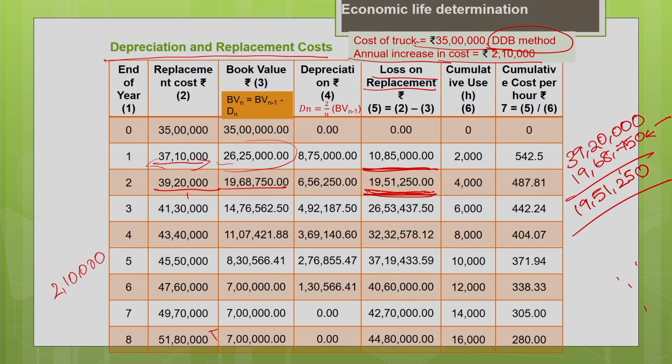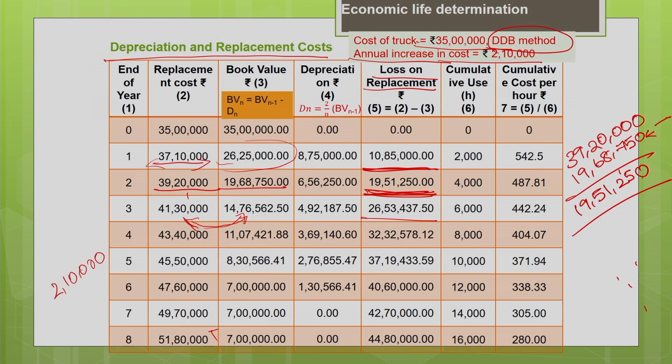Similarly, you can calculate for the third year: 41,30,000 minus your book value of 14,76,562. If you find the difference between these two, you will get the loss on replacement as 26,53,437. This is already on a cumulative basis.